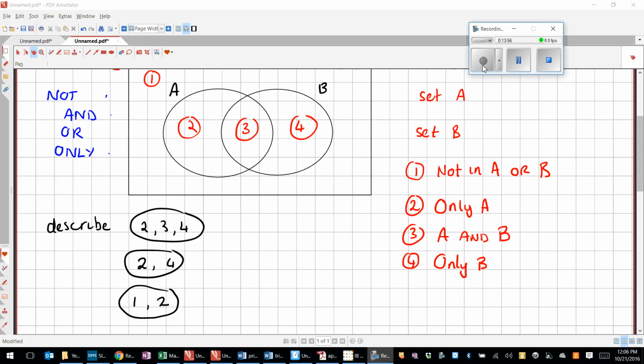To put that in context, I could say you are allowed a starter, or you are allowed a dessert, but you are not allowed both. So if we talk about going to a restaurant, set A are people that would have a starter, set B are people that would have a dessert.